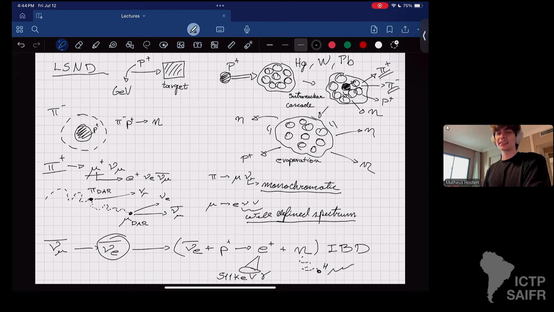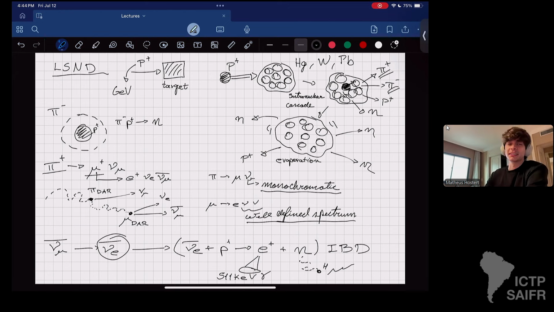So this is a very clean signature, and it means that it's very hard to fake otherwise. And that was the reason why LSND was so interesting, because the signal that they were using was so kind of background free. Obviously, no measurement is background free. And it was targeting a model that I would say theoretically no one expected anything to be there, but we found kind of a surprise.